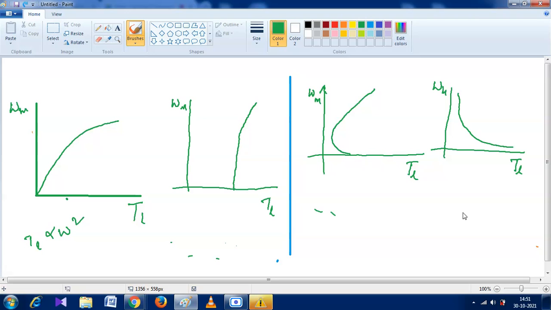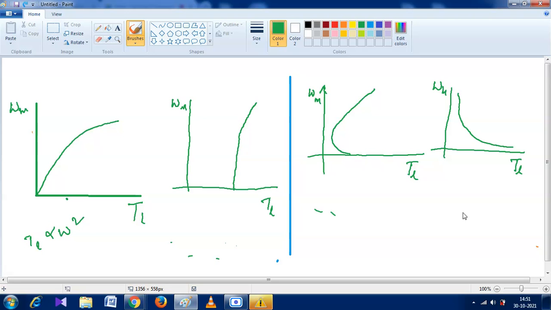Where do we see this type of load torque and speed characteristics?